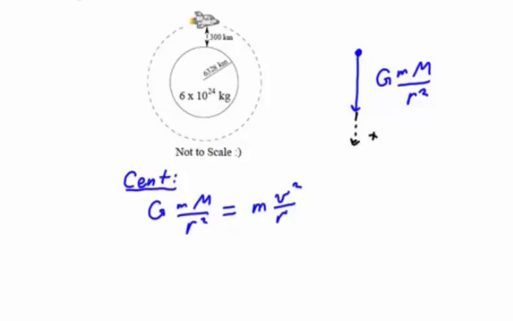The formula produces a very nice cancellation. The mass of the space shuttle, lowercase m, cancels on both sides, and we're almost ready to solve for the velocity at which the space shuttle moves. However, there is something we need to be careful of. Physicists very frequently use the letter r, representing the word radius, in formulas.